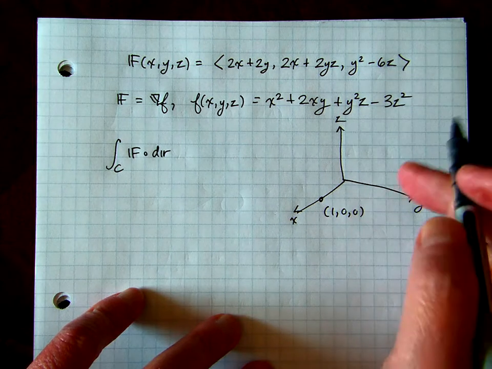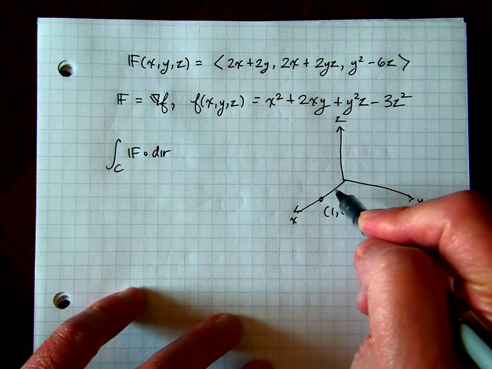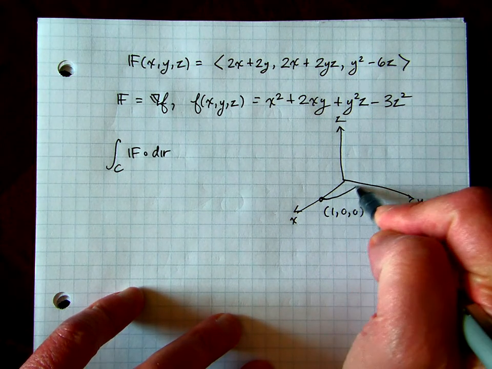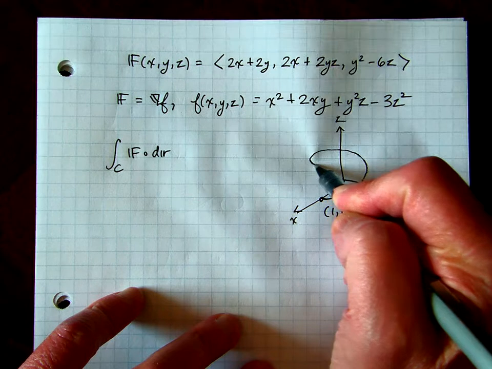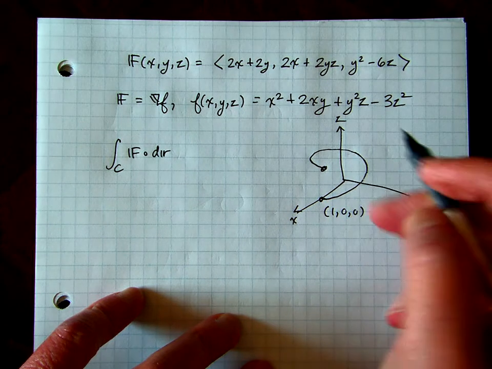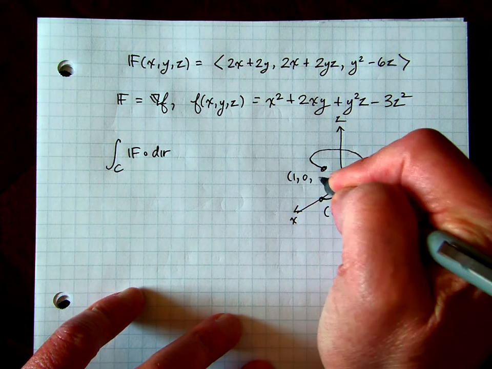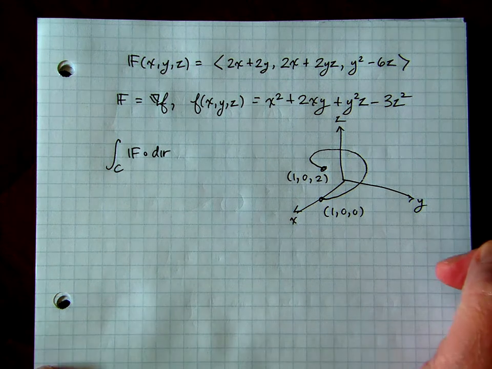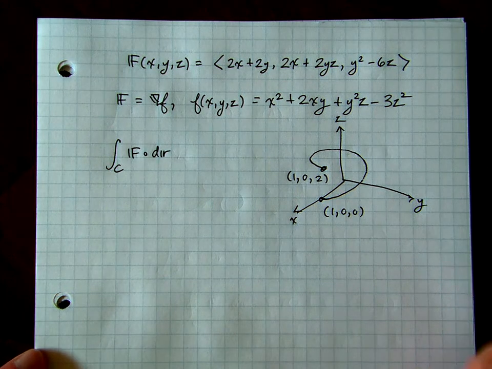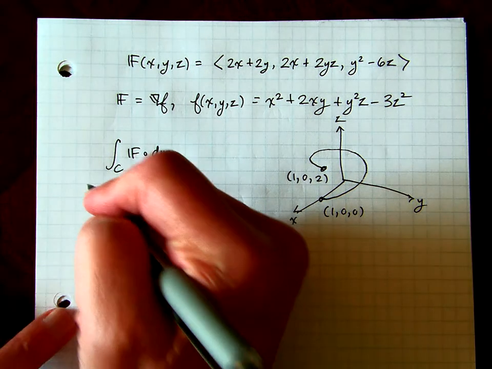And let's suppose we have a helix for our trajectory. And the helix is going to go around just once until it reaches the point 1, 0, 2.